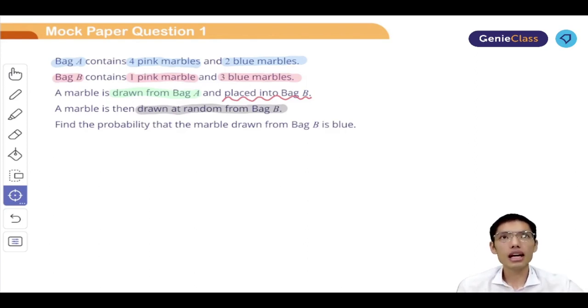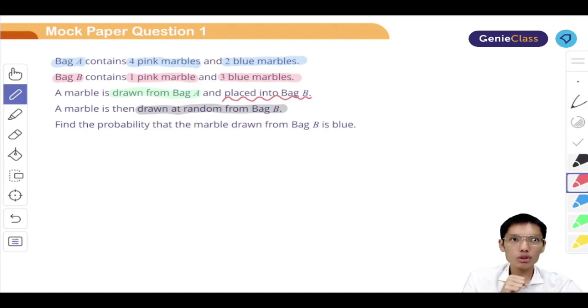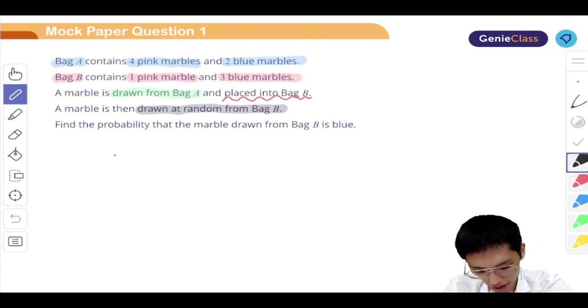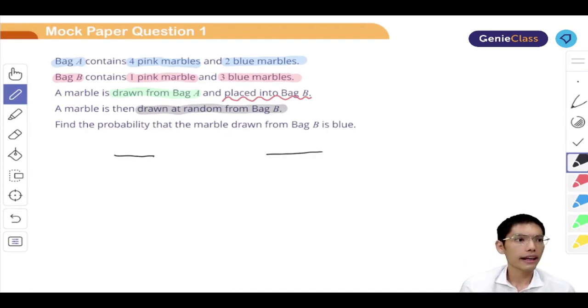Now, how this tree diagram is going to help in this case will be as such. Sorry for the tongue twister. Okay, now, how do we draw this tree diagram? Firstly, when we draw a tree diagram, let's take note, there have to be two events. First event down here, second event down here. Yes, correct.